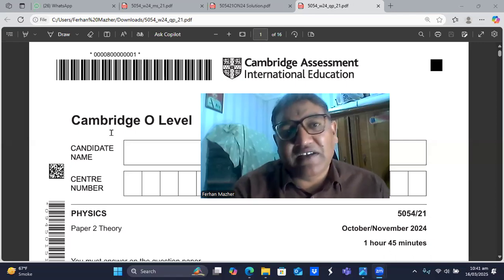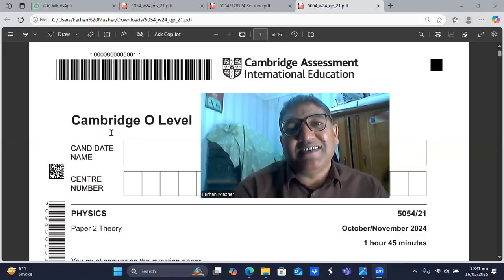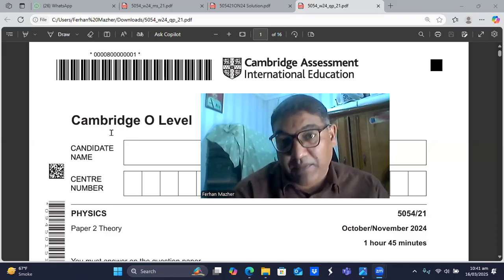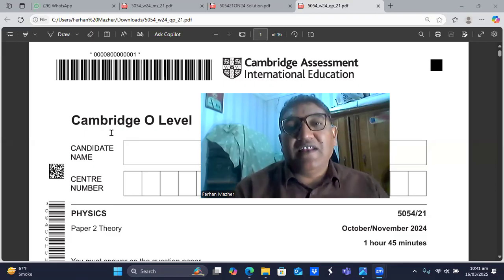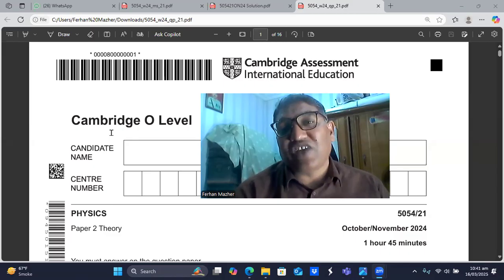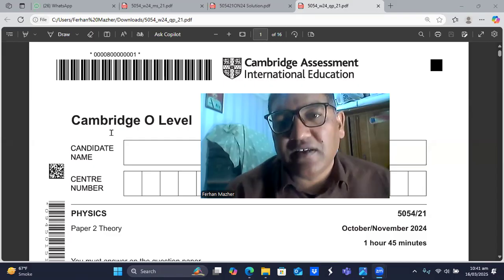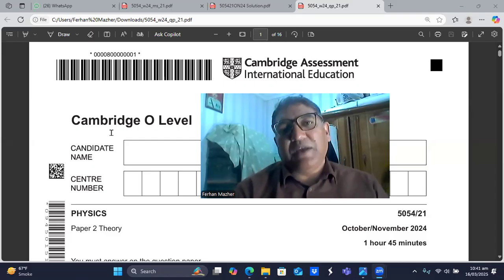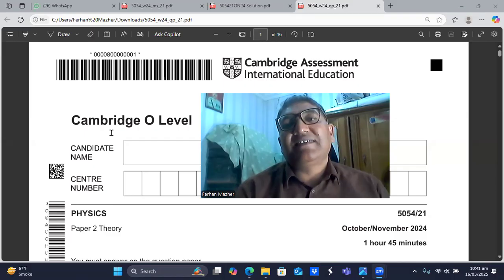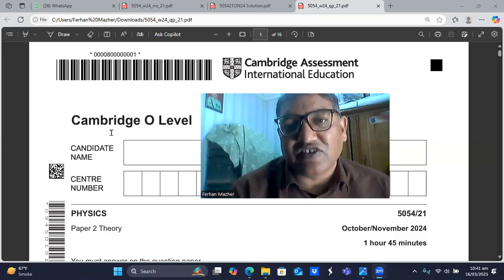I want to give credit to Cambridge Assessment International Education. This paper and the marking scheme which I am using are their property. I have just downloaded this paper and the marking scheme from their website. The creator of this paper and the marking scheme is Cambridge Assessment International Education.